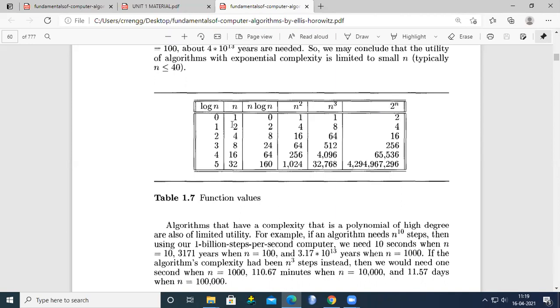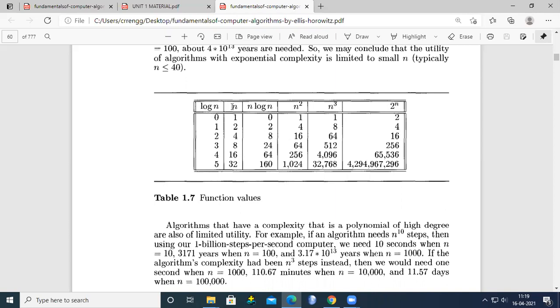So when the input size is 2, the 2 power n value is less than the n cube value. But when you increase n to 4, then n log n is 8, n square is 16, n cube is 64, 2 power n is 16. Even though n equals 4, the 2 power n value is less than n cube when you consider these two functions.